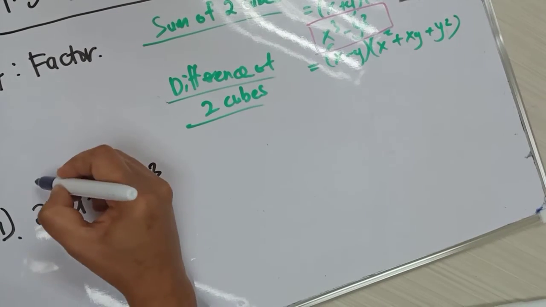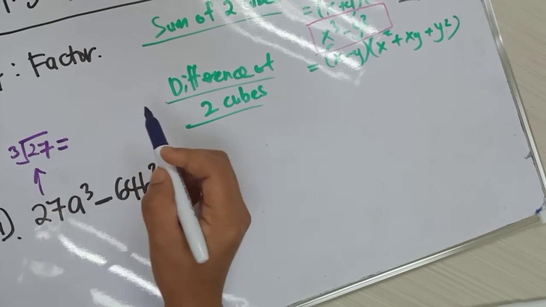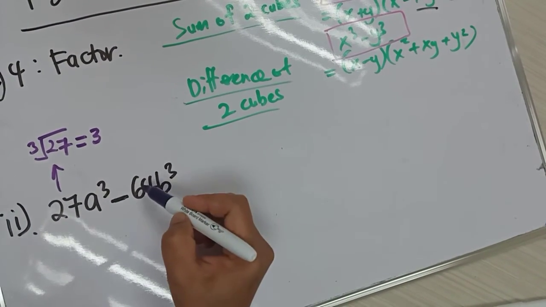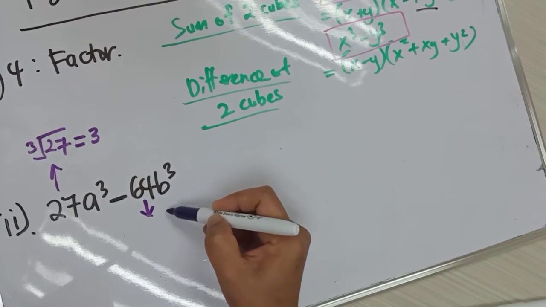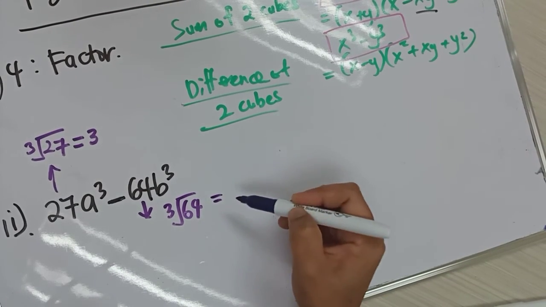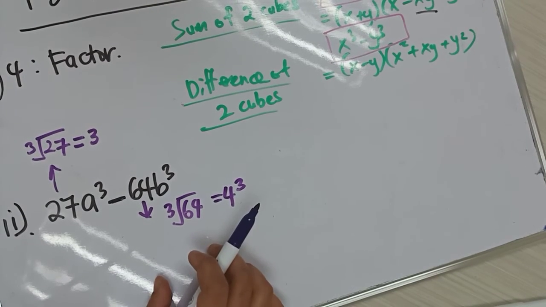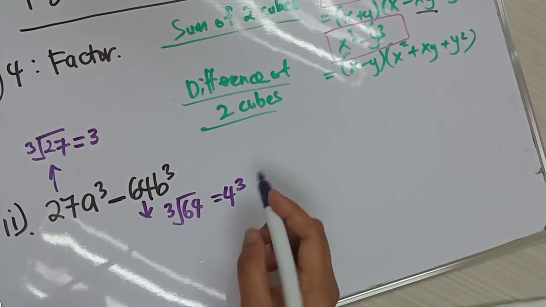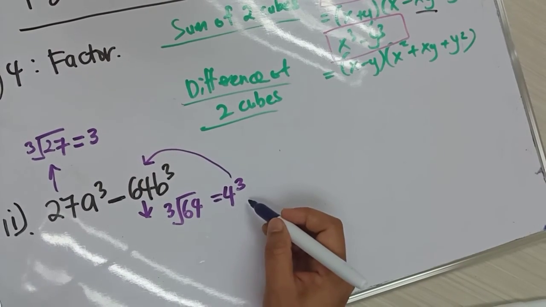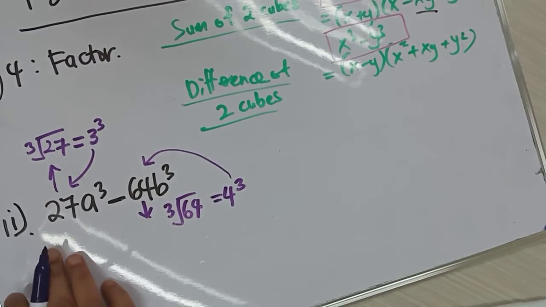So now you have to change the pattern of this question into cubes. So we know that when we take the cube root of 27, we will get 3. Okay, you can press your calculator. Now for 64, when you press cube root of 64, you will get 4. So we know that we have to replace 64 by 4 to the power of 3, and 27 by 3 to the power of 3.